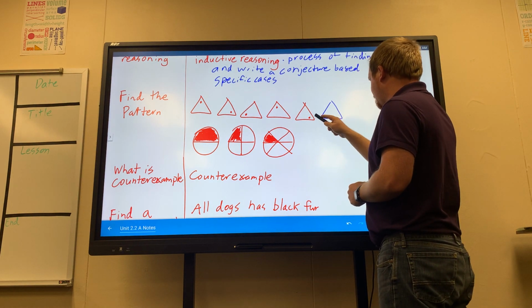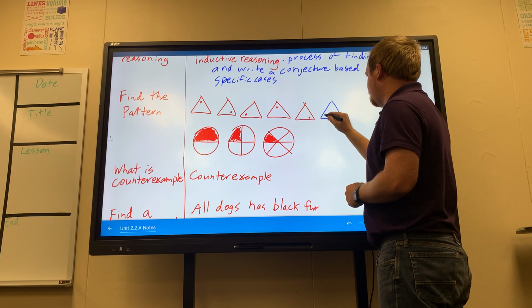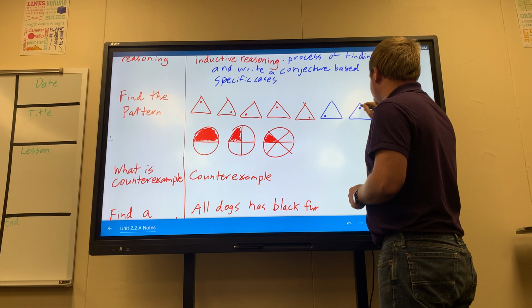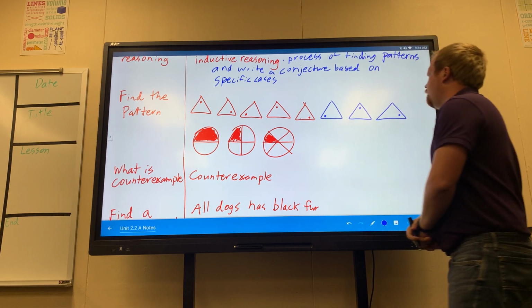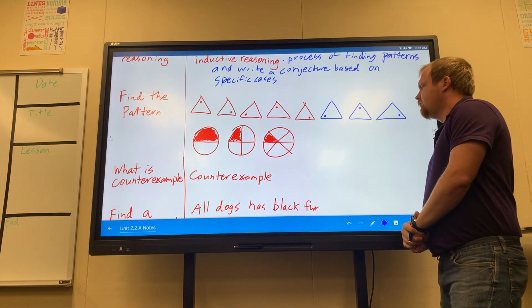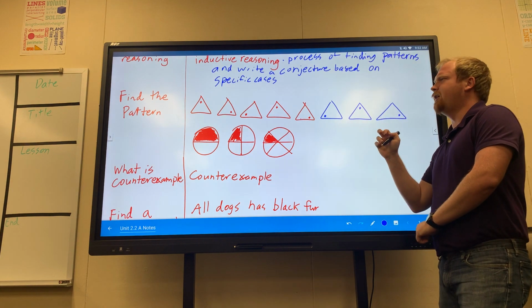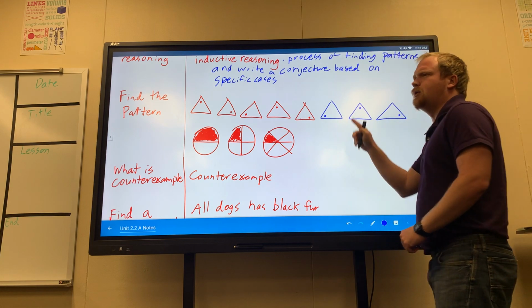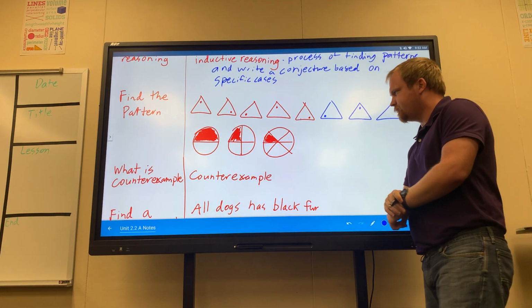If it's clockwise from here, then the next one will end up right there in the bottom left. And if I keep going, I can do as such. So really my inductive reasoning is telling me that the dot is just going clockwise amongst the three corners of the triangle.